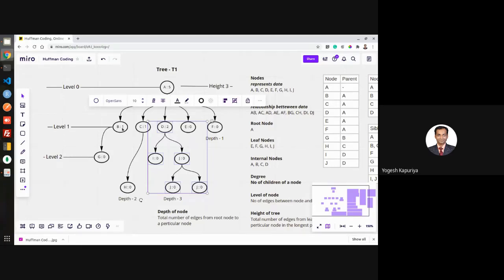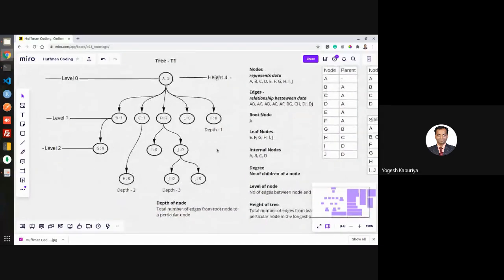So this is height 2. Similarly here 1, 2, 3 and 4. Now this height is being changed to 4. The reason for that is we have actually added one more branch. Okay.